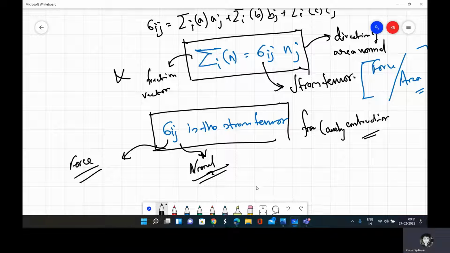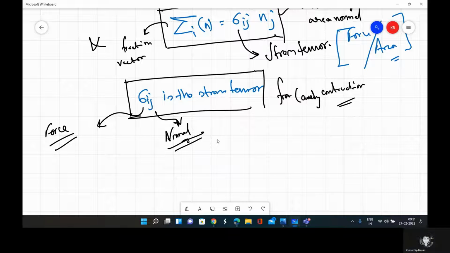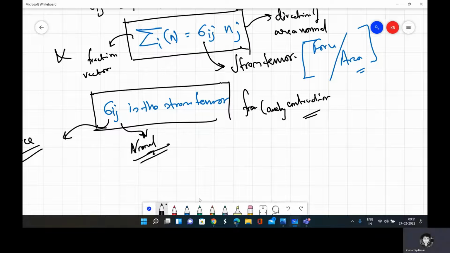Thus sigma ij is the ith component of the force per unit area exerted across a plane surface element normal to the j direction. Now there are two more points I want to add regarding sigma ij, the stress tensor.